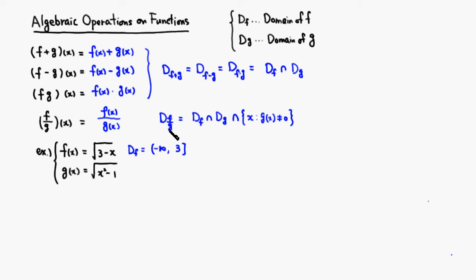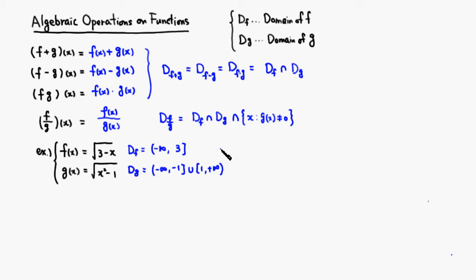For the domain of g, x squared minus 1 has to be non-negative, so x has to be less than or equal to negative 1, or greater than or equal to positive 1. So it's negative infinity all the way to negative 1, and 1 and all the way up. That's the domain of the function g.